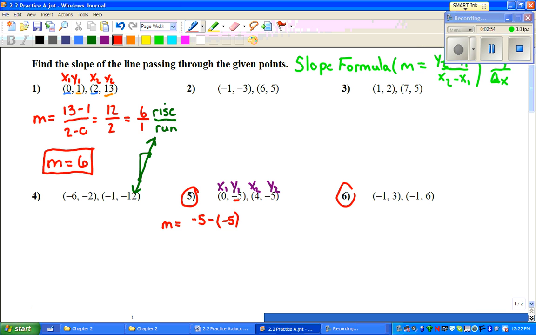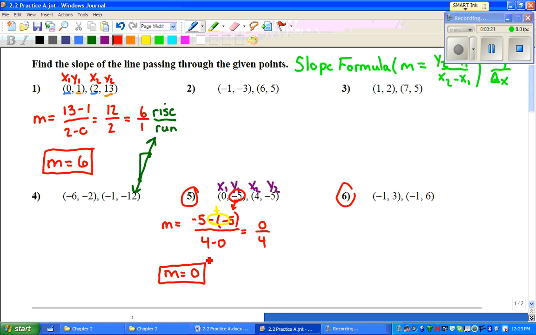Notice with this, guys, I put it in just as it was, as a negative 5. x2 minus x1, I got 4 minus 0. So this and this together becomes a plus sign. So you have negative 5 plus 5, which gives you 0 over 4. This comes out to be a slope of 0.